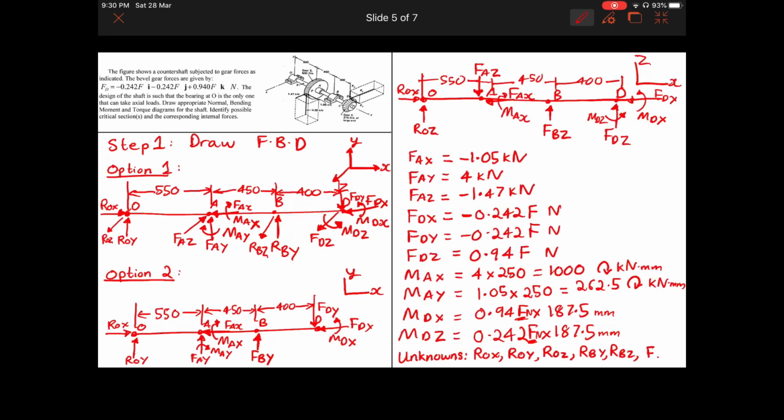Minus FAX was minus 1.05 kilonewton, but you shouldn't take into account the negative sign because we have put it only to show the direction.